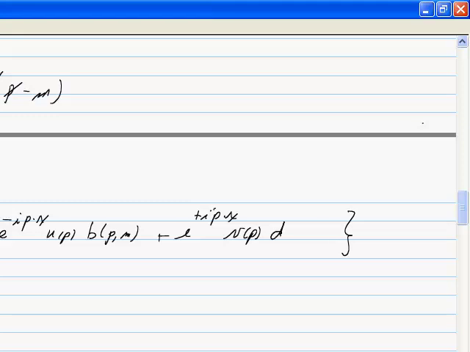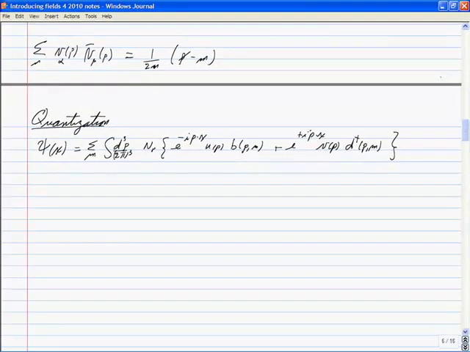We'll give it the name d dagger. Okay, so there's no sense that this is the Hermitian conjugate of that, so we give it a different name.